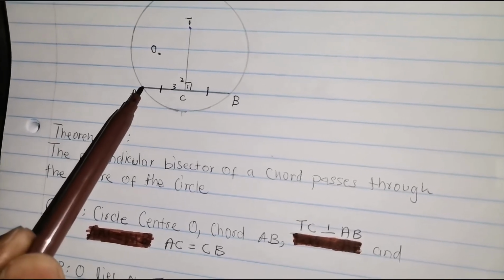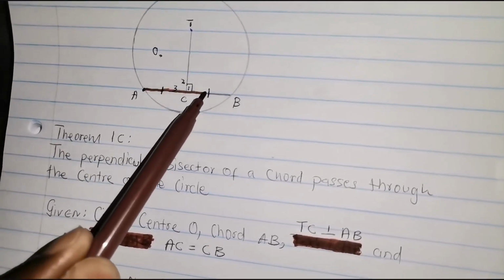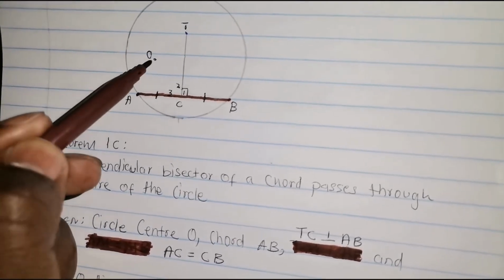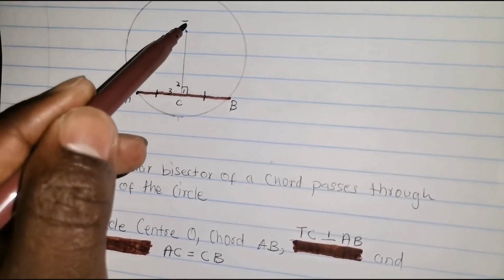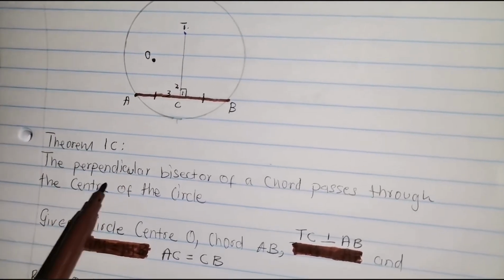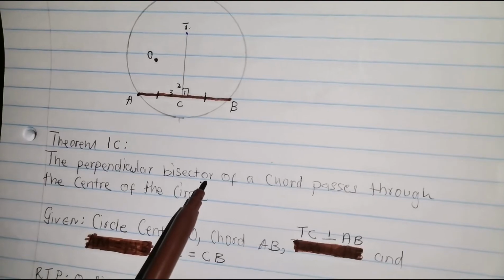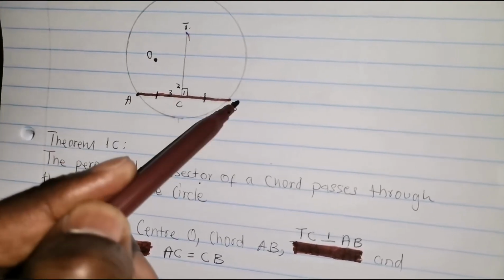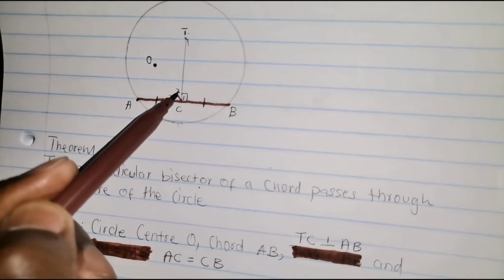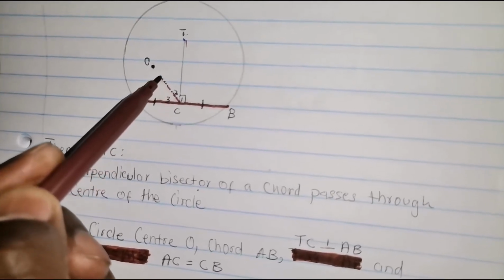The perpendicular bisector of a chord passes through the center, meaning this line here is a perpendicular bisector. TC is perpendicular to AB, and that means we need to prove that indeed center O lies on TC.